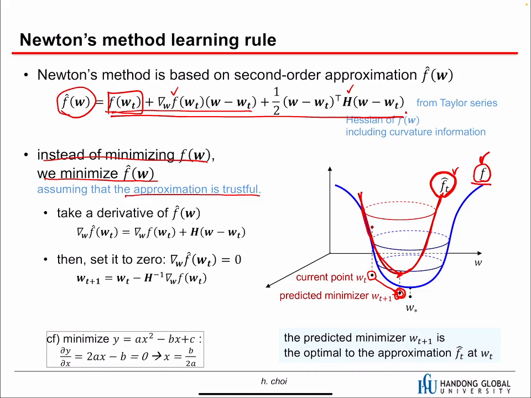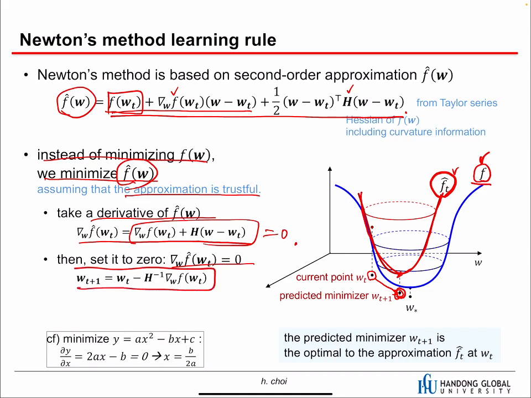And to minimize f hat, we take a derivative of f hat. This is the derivative of f hat, and we set it to 0. We can rearrange the terms so that we have this one.